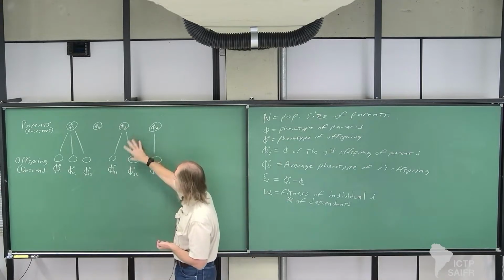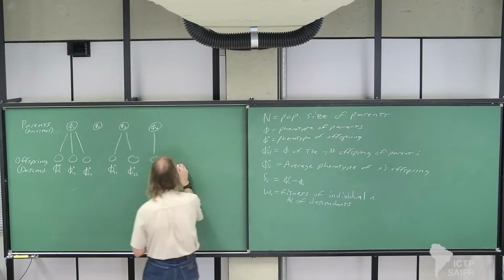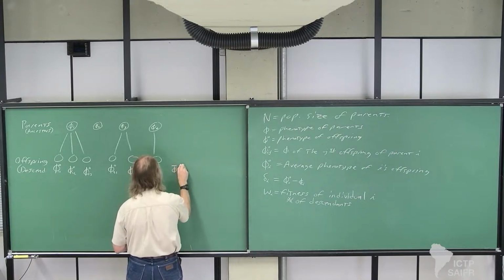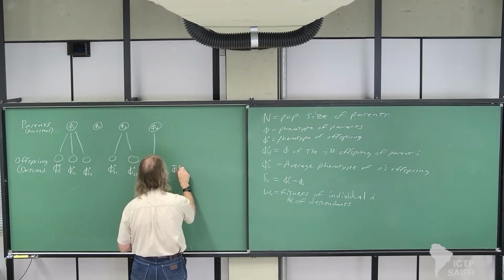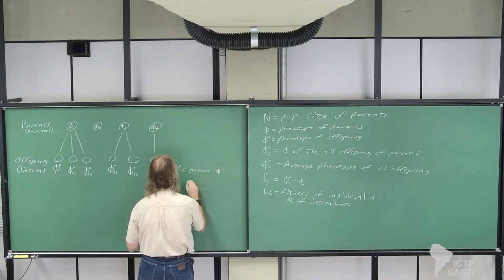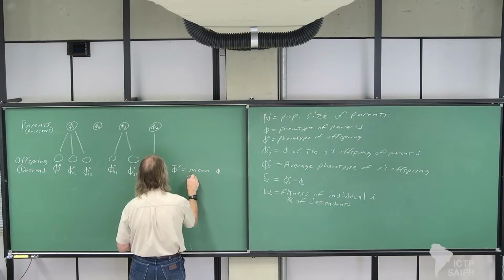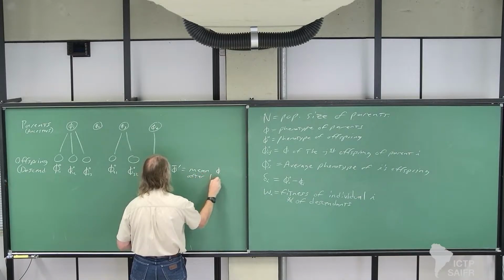And to get at that, I'm going to ask, what is phi bar prime? And that's mean phenotype after one generation.